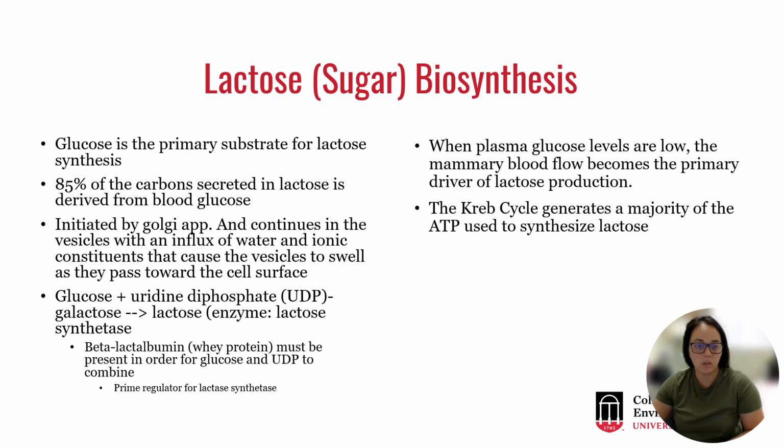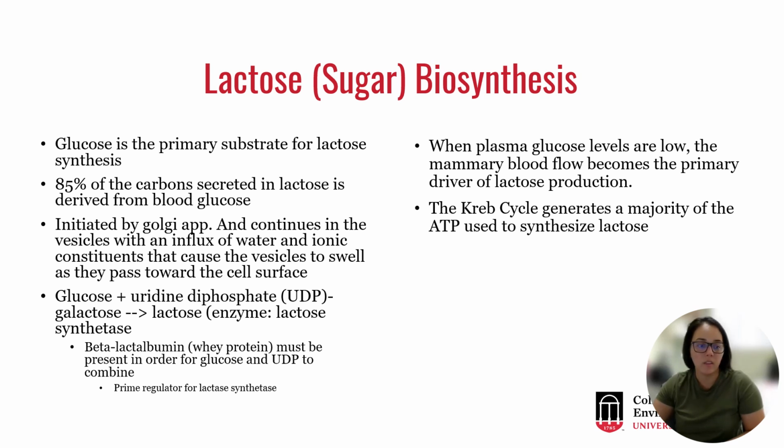So I do want to talk a little bit about the biosynthesis of lactose. So glucose is the primary substrate, as we all know, for lactose synthesis. And so again, as I had mentioned before, you need the glucose and galactose in order to form lactose. And so 85% of the carbon secreted in lactose is derived from blood glucose.